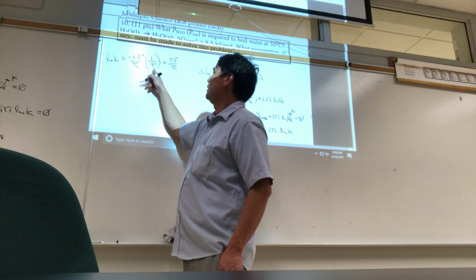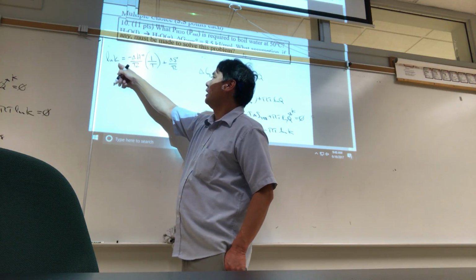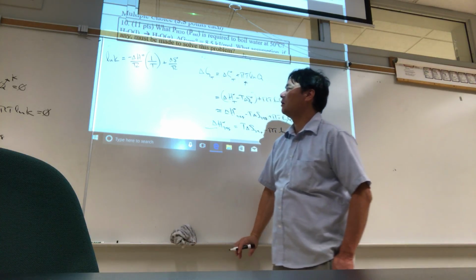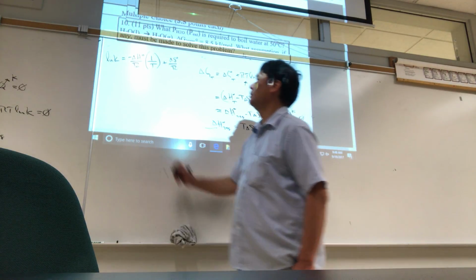I can calculate my K at any temperature by knowing this. I'm not going to solve this for K, we just take the anti-natural log, but I'm going to leave it in this form. This is a common form for this.